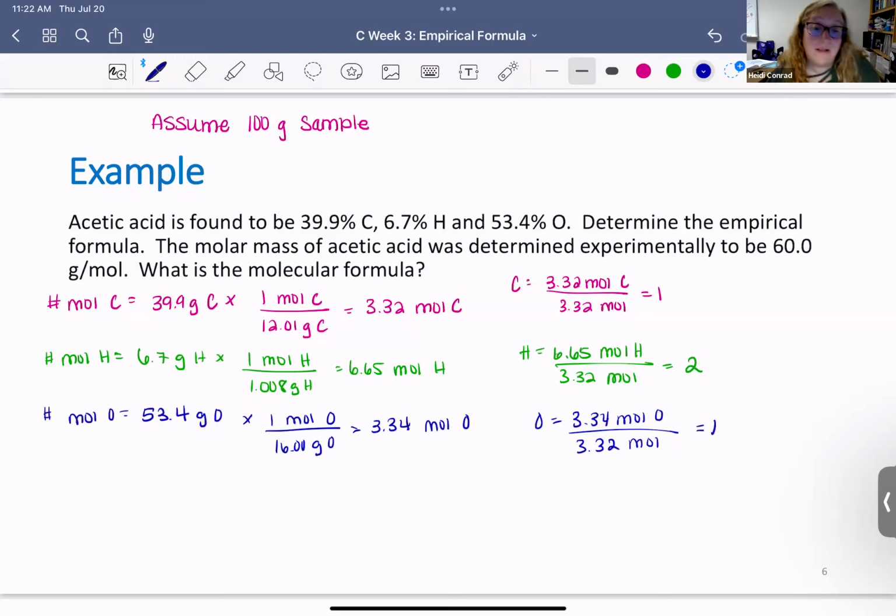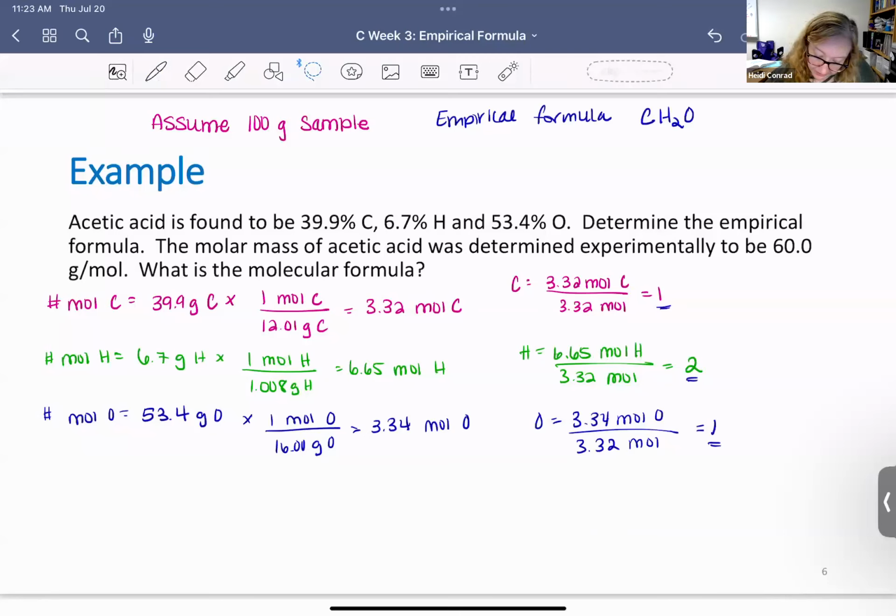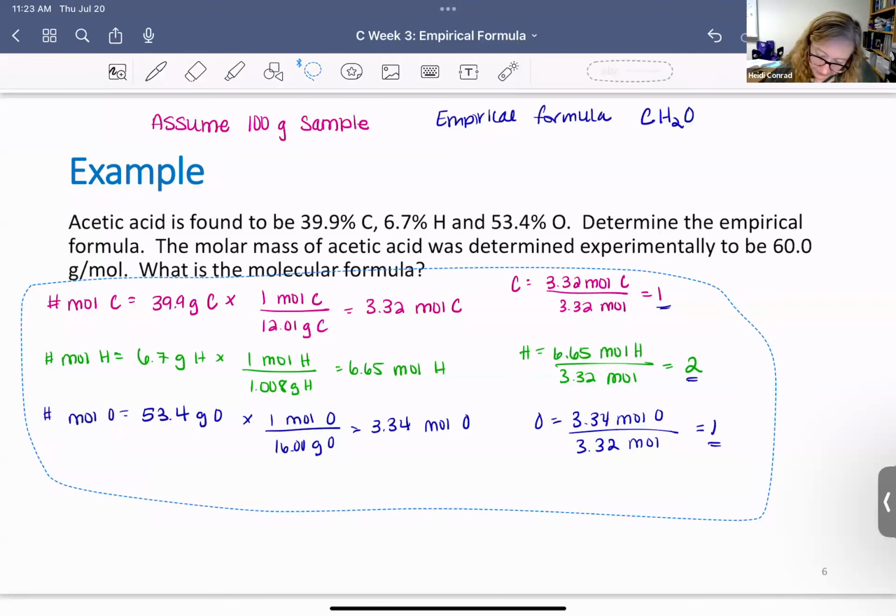Again, we call that 1 because it would round to a whole number of 1. I can see from this that my empirical formula is CH2O. I've got 1 carbon, 2 hydrogens, and 1 oxygen. I know the empirical formula, and I know the molar mass of the compound, and I want to know the molecular formula. So I'm going to shrink this for some space.